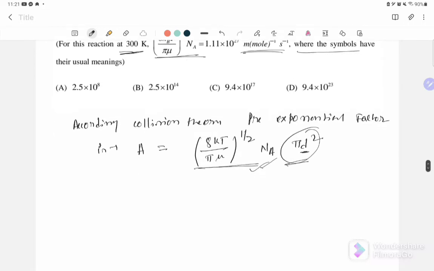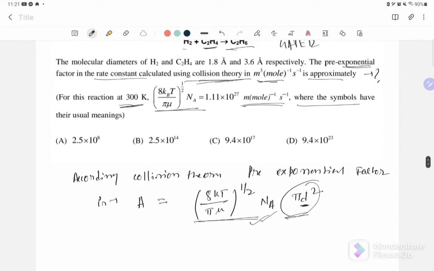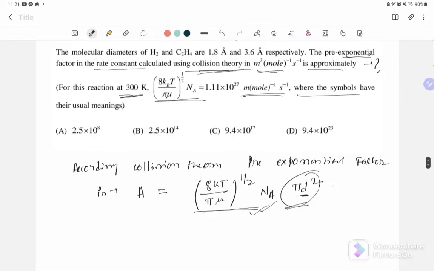What is d? d is the collision diameter. The molecular diameter of H2 is given as 1.8 angstrom, and that of C2H4 is 3.6 angstrom.